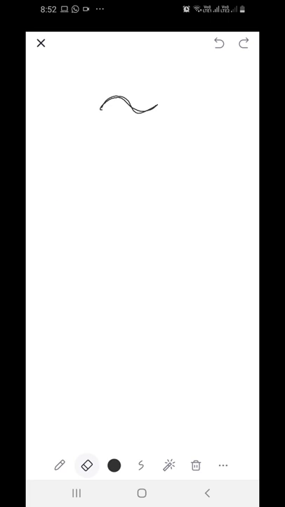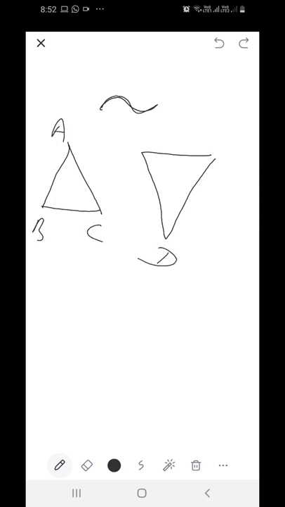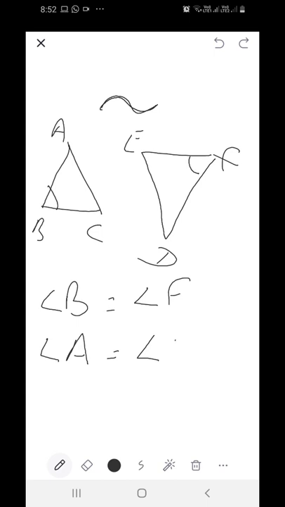Now if I take two triangles and if I write this triangle as ABC and the other triangle as DEF, and if I write that angle B is equal to angle F, if it is given or if we can show one pair of angles equal, and other pair, if I say that angle A is equal to angle E, then what do you say about the third angle C of triangle ABC and third angle D of triangle DEF?